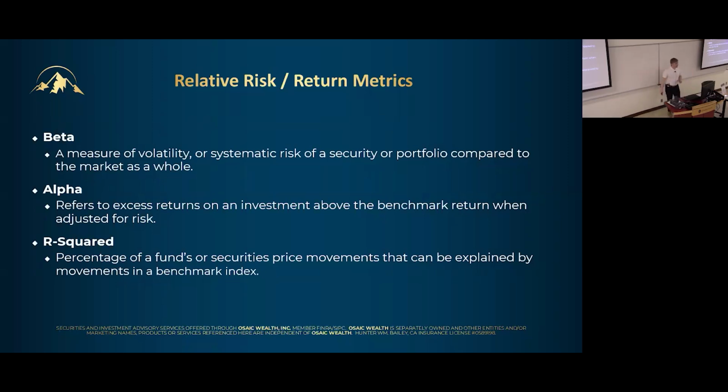R squared is the percentage of a fund's securities price movements that can be explained by movements in a benchmark index. Again, this can be helpful if you're looking at growth funds or any managed fund and you're comparing it to an index and asking, how much of those returns are explained by what's happening over here?